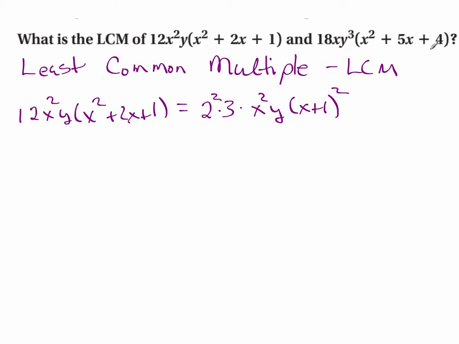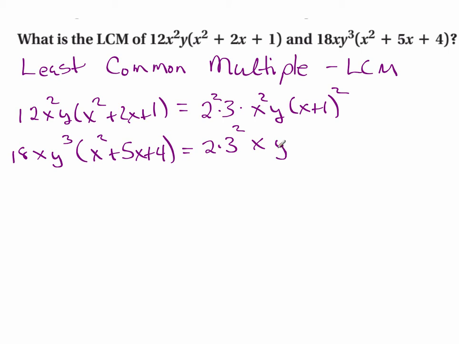Now let me look at this second term, 18x y cubed times x squared plus 5x plus 4. Let's see, 18 is 2 times 3 squared, x y cubed. Now when I factor this, this is going to be x plus 1 times x plus 4.